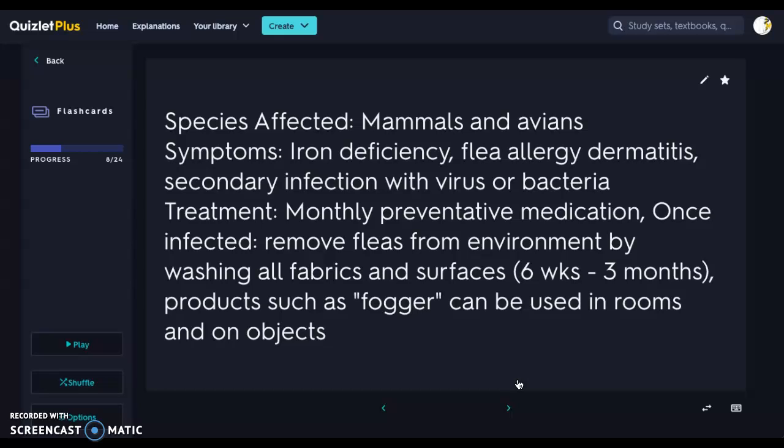You want to do this continually for 6 weeks to 3 months because those items can have the eggs still on them, and then if the eggs hatch, you want to make sure that you're washing those things. There's products such as a fogger, and those can be used in rooms or on objects. This is where fomites is also important as well.